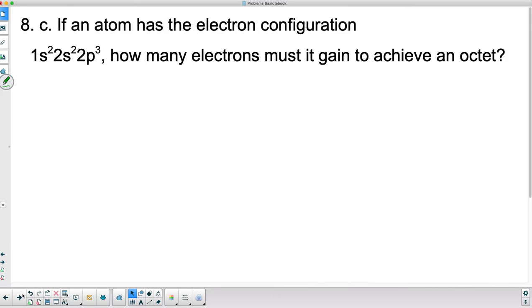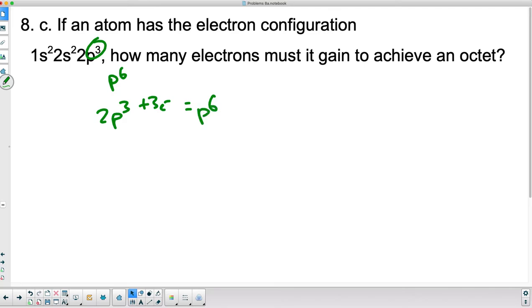So if an atom has the electron configuration of 1s2, 2s2, 2p3, how many electrons must it gain to achieve an octet? All I'm doing is knowing that p6 is what my target is. So if it's 2p3, that means I need 3 more electrons to give it a p6.